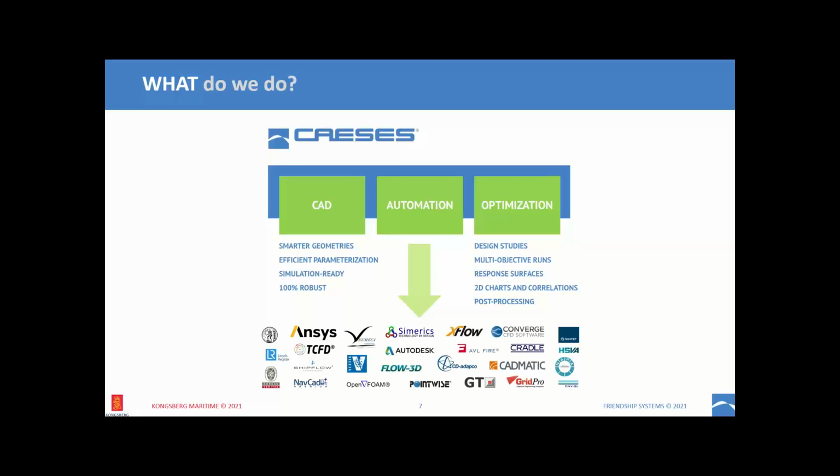that can then be used in an optimization process, which is the third component of CAESES, the optimization environment, which provides all the necessary algorithms to run an optimization or systematic parameter study, but also post-processing tools to analyze the results, data management to manage all the geometry and simulation data that is being created, and finally gives the user all the necessary tools that he needs to make a design decision based on what has happened.